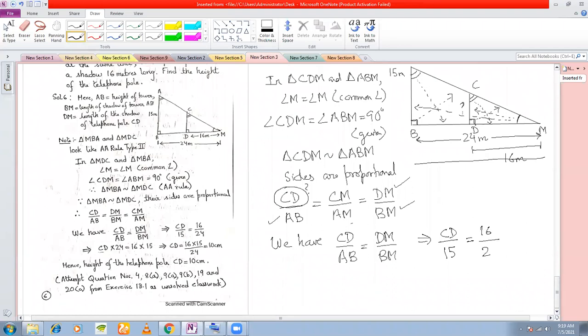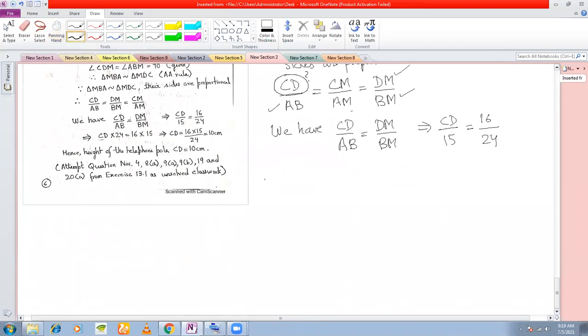The length of BM here is 24. Now we can find out the length of CD. 24 CD is equal to 15 into 16. That means CD is equal to 15 into 16 divided by 24.